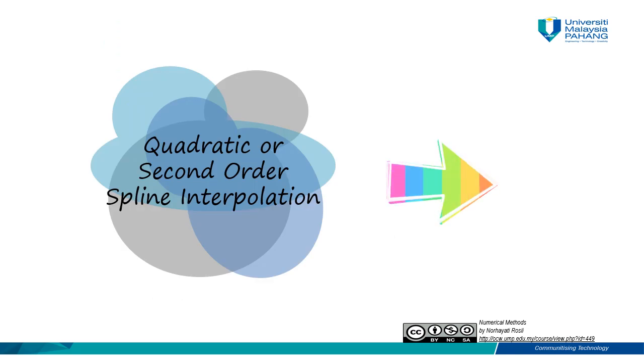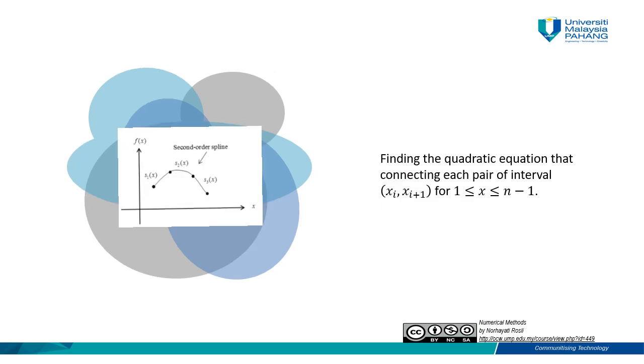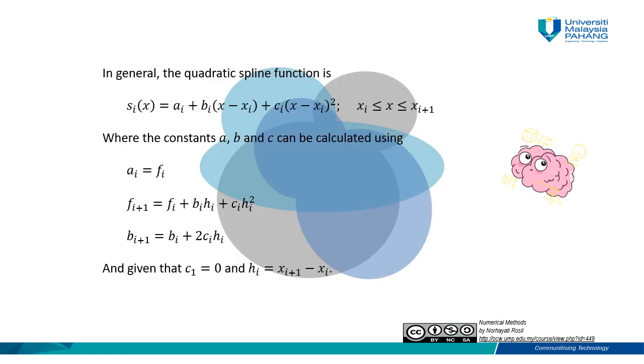Now let's go to quadratic or second order spline interpolation. If for first order spline interpolation we are going to find the equation of a straight line, then for second order, we are going to find the quadratic equation that connects each pair of the interval. In general, the quadratic spline function is this equation.